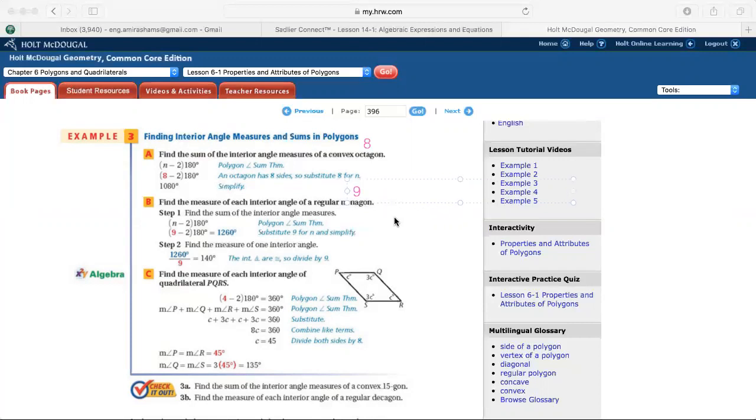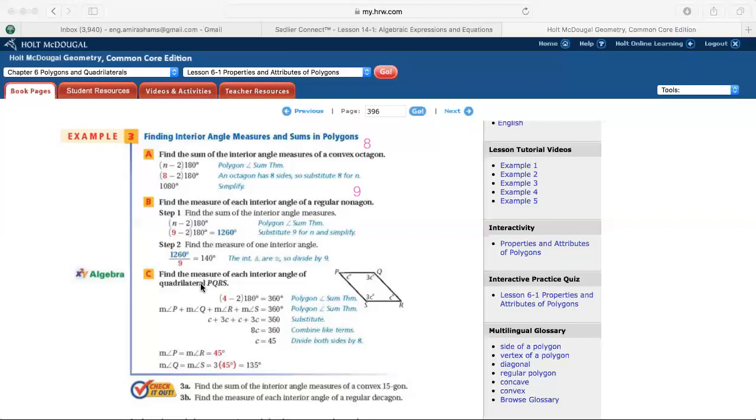So I divide the whole sum, 1260, by 9, because I have 9 angles. When I divide the whole sum by 9, I will get the measure of each.